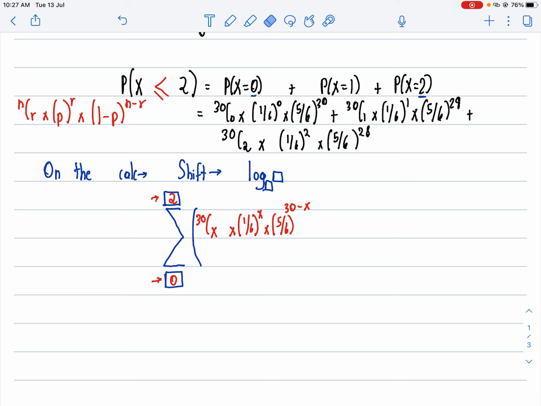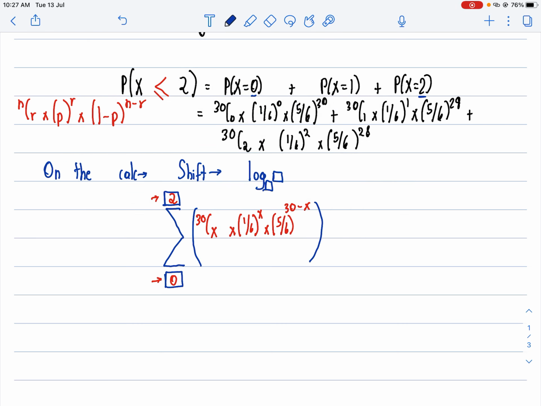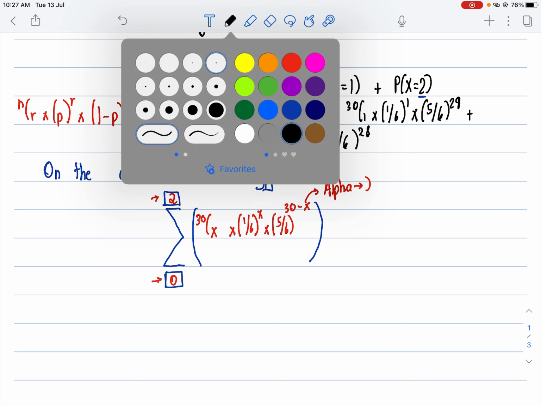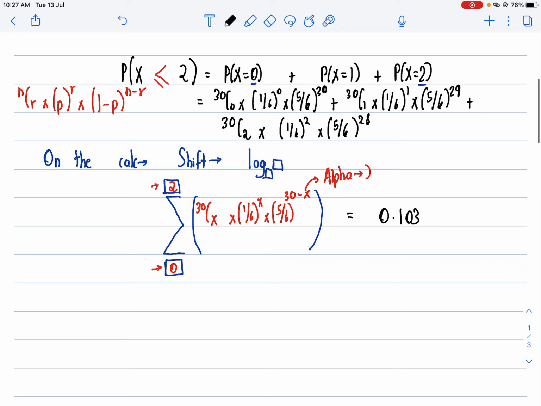To write an X, I need to click on alpha and the closing bracket button. Now when I click on this, I get my answer as 0.103. Now this is the probability.